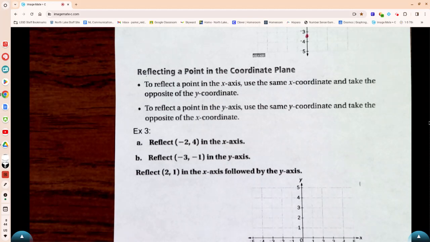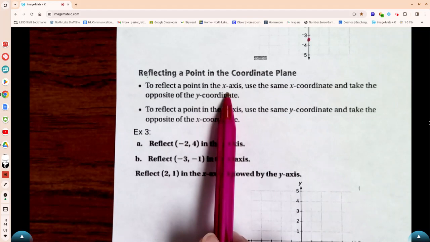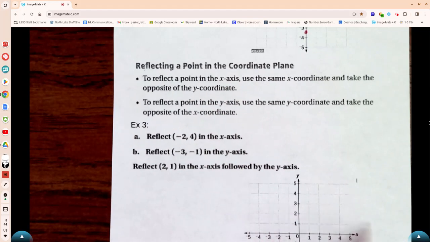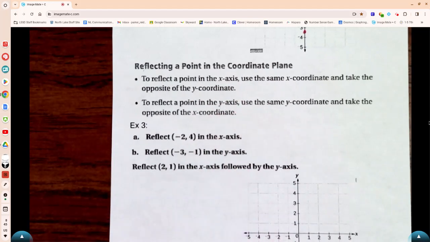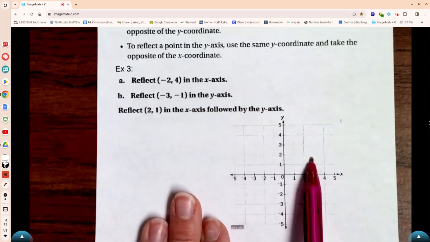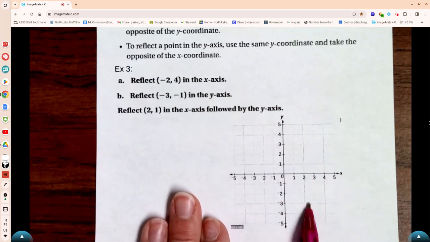There actually is a rule for how to reflect a point, meaning you shouldn't even need to graph it to know what the reflected point will be, what its location would be. Here's the rule. If you are reflecting a point in the x-axis, so across this horizontal axis, the x-coordinate remains the same, but the y-coordinate becomes its opposite because we're jumping either from the positive into the negative or from the negative into the positive.